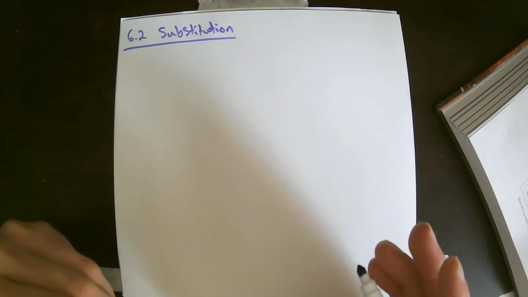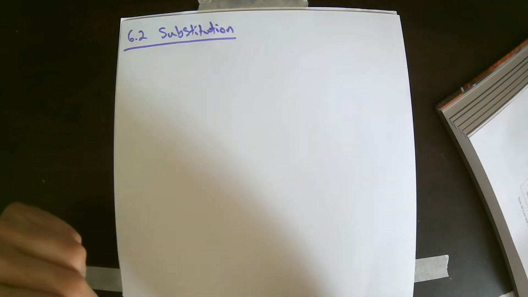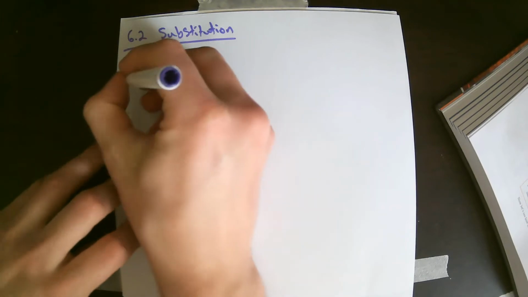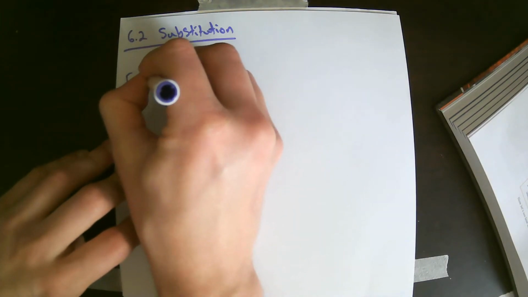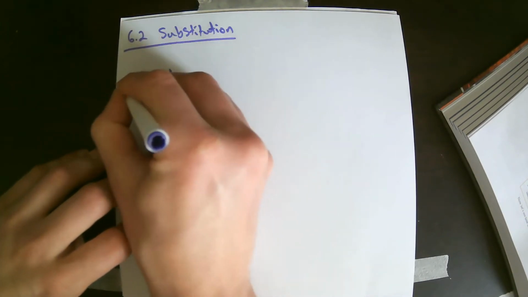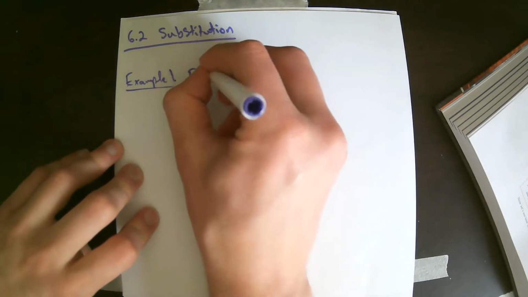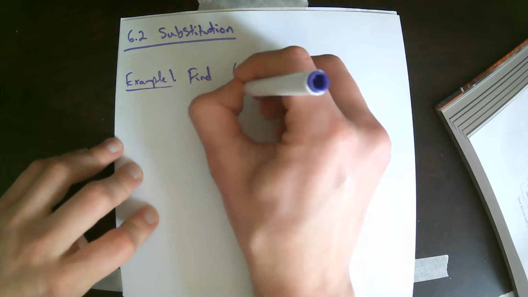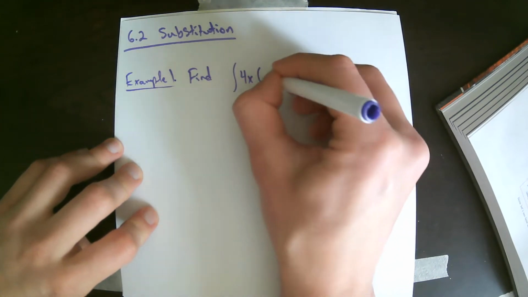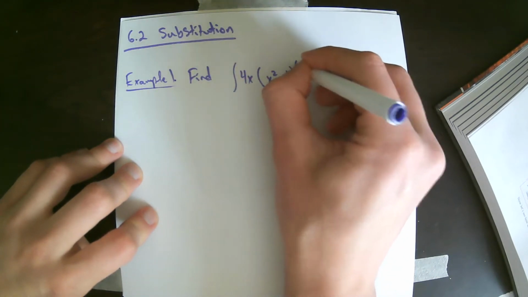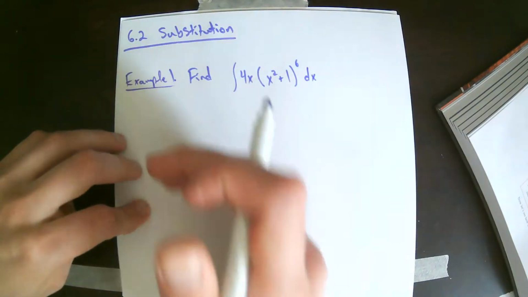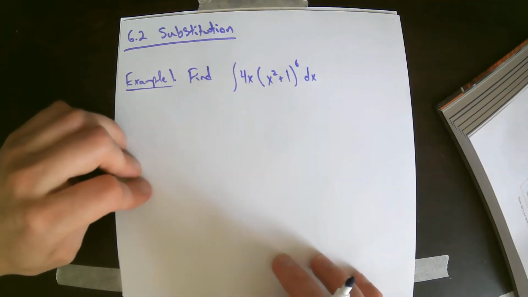It's sort of like the analog of the chain rule for derivatives. Well, that'll make more sense after I do some problems. And what I want to do is just get straight into some problems and kind of outline the process as I do these examples.